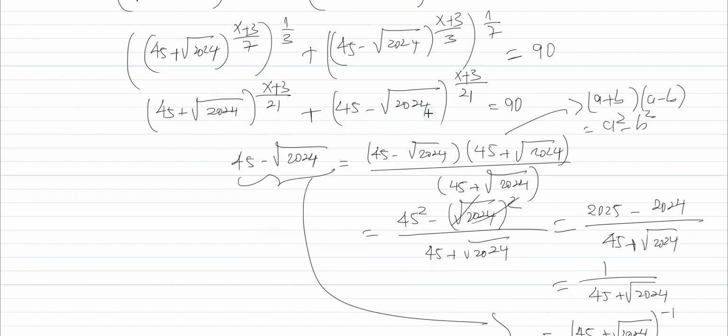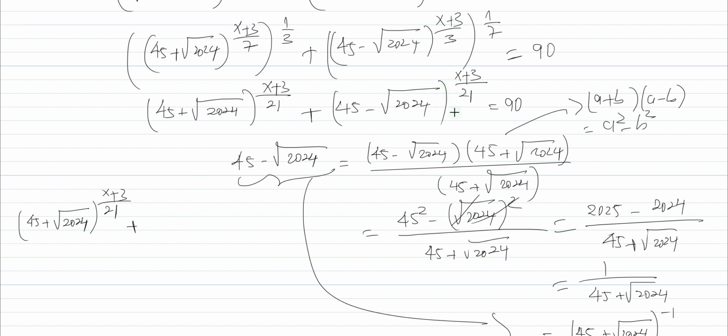Let's pick this one here that we already have, 45 plus square root of 24 to the power of x plus 3 divided by 21, plus this one here to the power of -1.